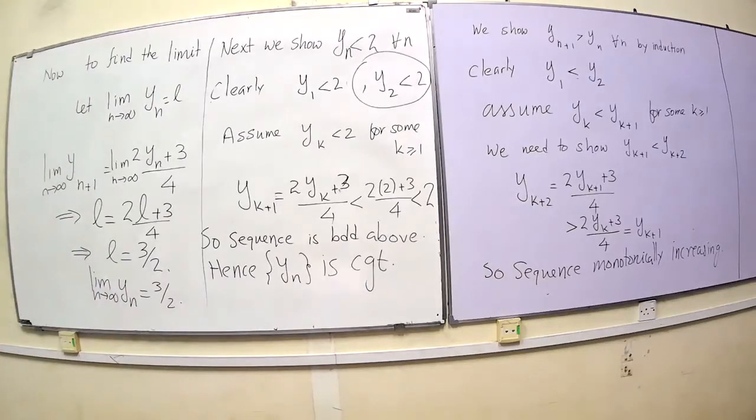So this is a big problem, right? Where you show 3 different things. First, you show monotonicity, increasing. Similarly, you can show decreasing also. And then you show boundedness. Right here, you show bounded above. Similarly, you can show bounded below also. Same idea, right? By induction.